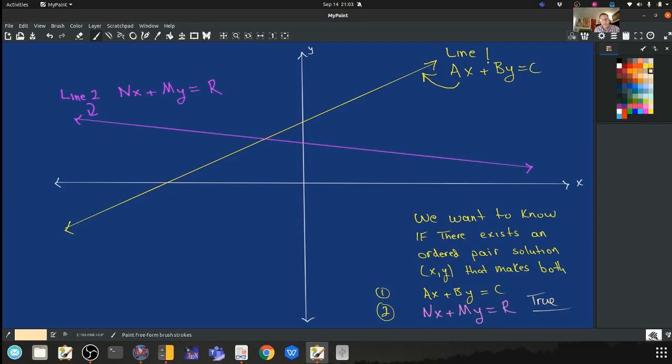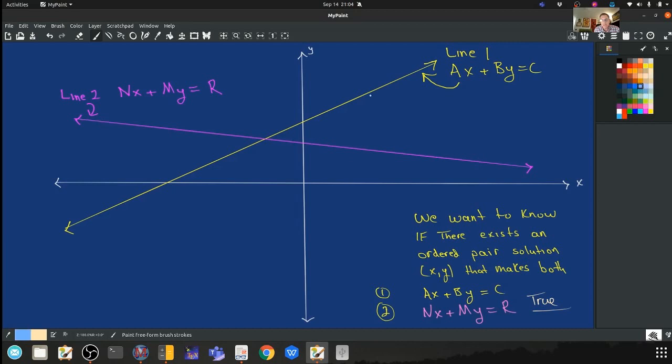That's going to be line 1. And here's line 2, and we're going to call it nx plus my equals r, because clearly it has different coefficients for the x term and the y term, because the graph of the line is completely different. So it has to have a completely different equation.